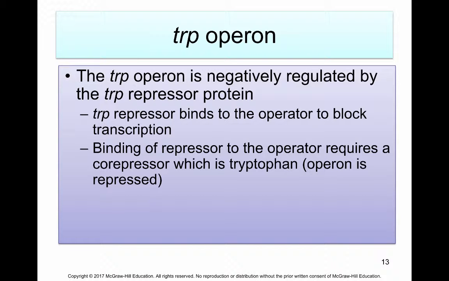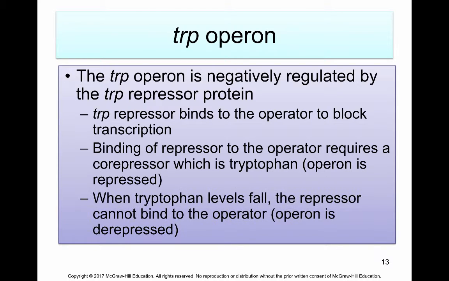It talks about a co-repressor. It says the binding of the repressor to the operator requires a co-repressor. That is tryptophan. So tryptophan basically activates the repressor and binds to it. When there's enough tryptophan present, that repressor is activated and it will bind to the operator, turning off transcription of the tryptophan gene.